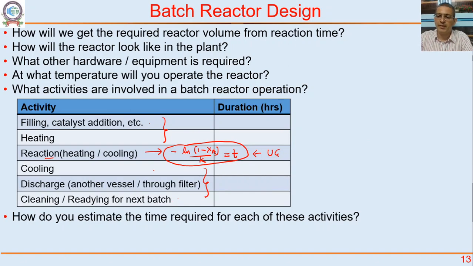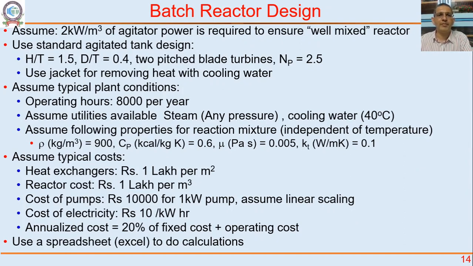Here are some data. Do this for yourself. Go forward and design. You can again say 2 kilowatt per meter cube of power is required to ensure well mixed. Standard agitator tank design: H by T 1.5, D by T 0.4, 2 pitch blade turbines, power number 0.5, use a jacket for heating and cooling, 8,000 hours. All the things you can assume the same.